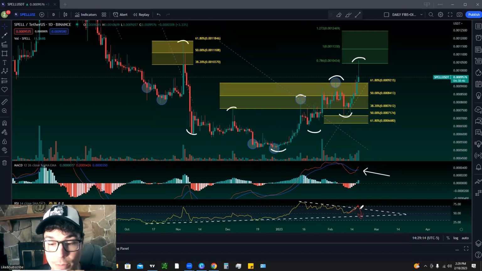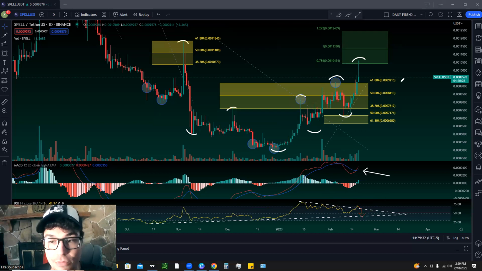So if it comes back down into this range and breaks below that trend line, that's going to indicate that buyers tried to take control but really didn't have any follow through, and ultimately bears ended up coming through and taking the pressure away from bulls and really just taking over.